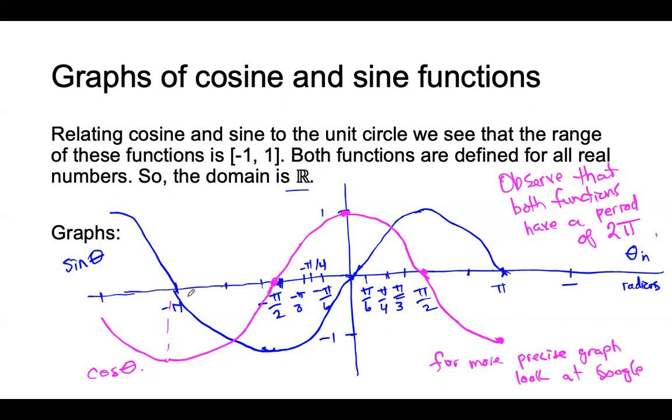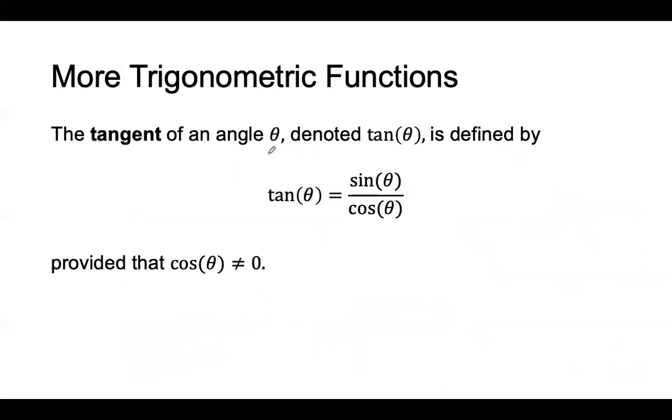Okay. That's the main takeaway. And for more precise numbers, just look at the table. So there are more trig functions. The tangent of an angle, denoted tan of the angle, is defined as the sine over the cosine.